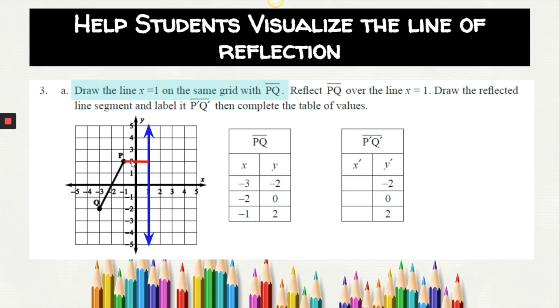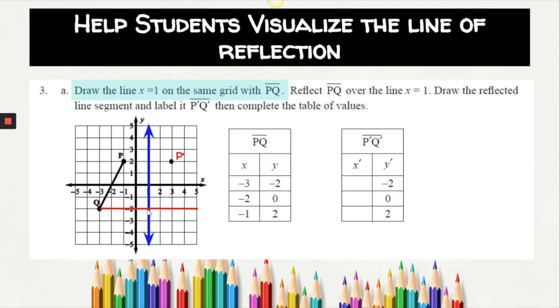So this is 2 units away from the line of reflection, so we'll want to go across that line of reflection 2 units and place a point there. So then that's going to be my P prime. Likewise, we're going to take a look at Q. We can see that Q is 1, 2, 3, 4 units away from the line of reflection.